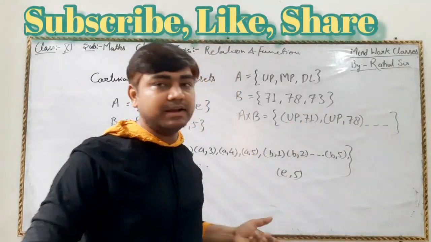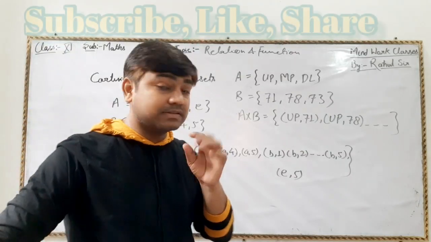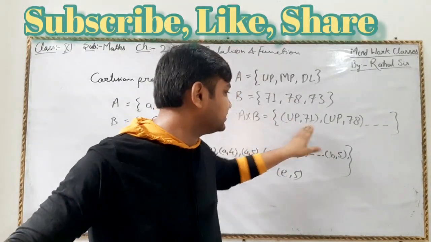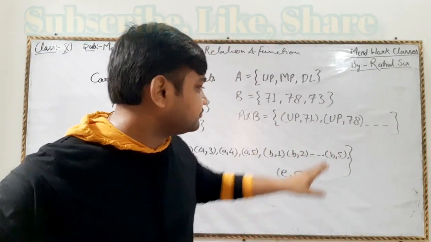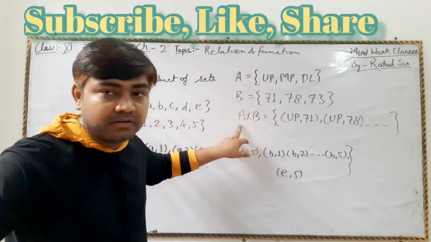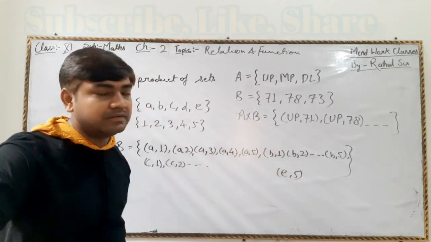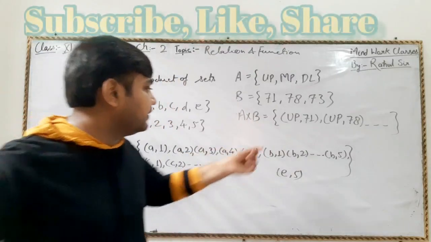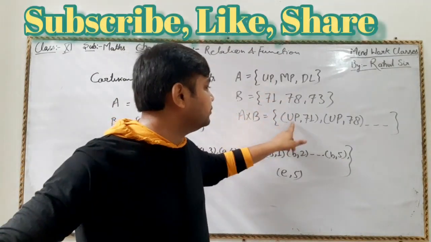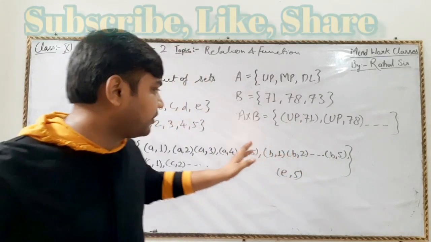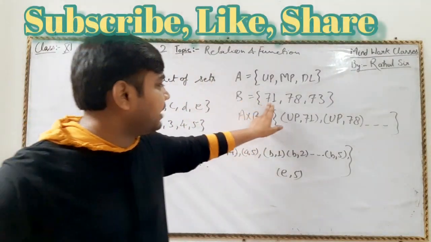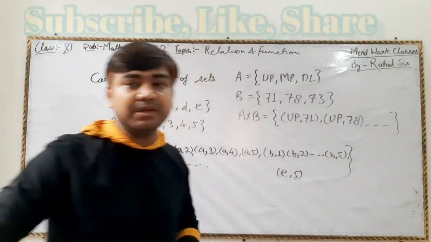UP must be written first and 71 later, UP first and 78 later, because this is the Cartesian product A into B. If the product is A into B, the first element must be from set A, that is UP, MP, DL, and the second element must be from B, where we have 71, 78, 73.